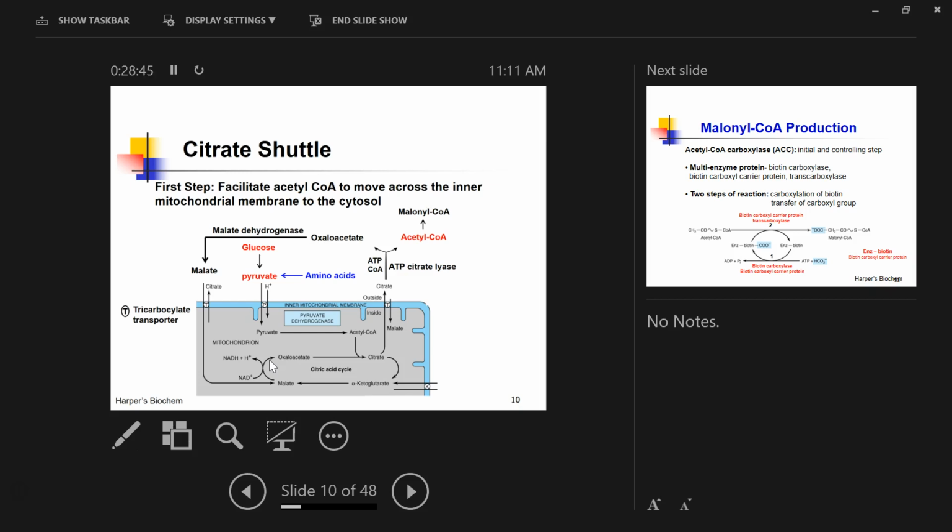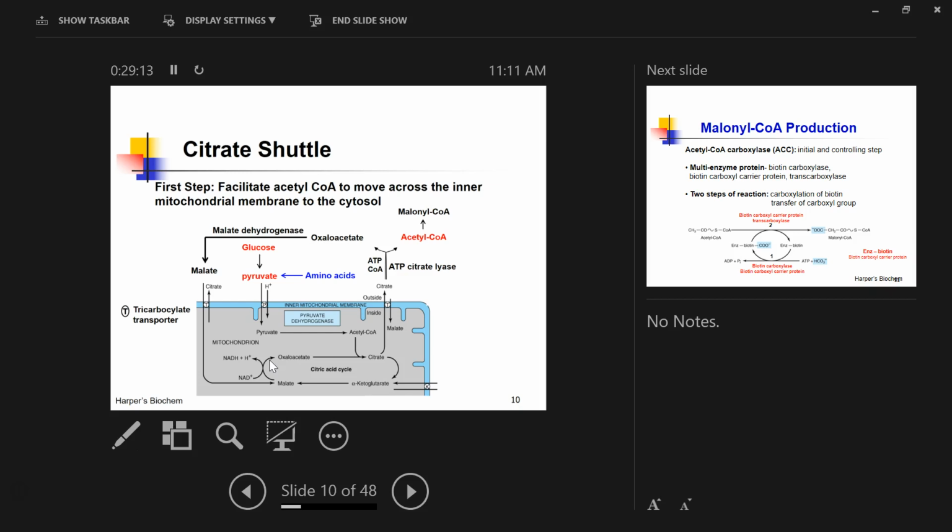In which cellular compartment is acetyl-CoA generated? In the mitochondria, right, converted from pyruvate. But lipogenesis occurs in the cytosol. So acetyl-CoA needs to be moved from mitochondria to cytosol for lipogenesis.